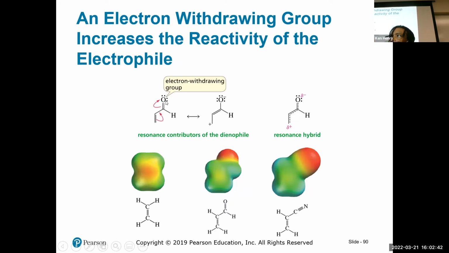And then as a result of that, we're going to end up with a negative charge here. And then this guy's going to end up with the positive charge. So the resonance hybrid here is going to have a partially negative charge and a partially positive charge forming as a result of that. And then the electrons are going to, as you said, be shifted from this point to that point. So this here, 2 resonance structures, this would be the resonance hybrid of the 2.